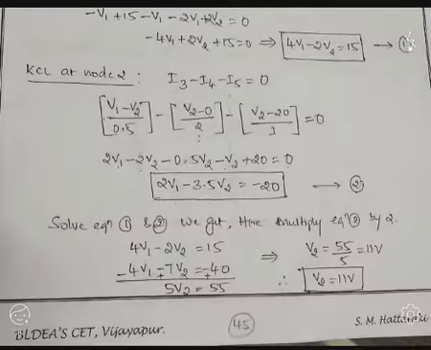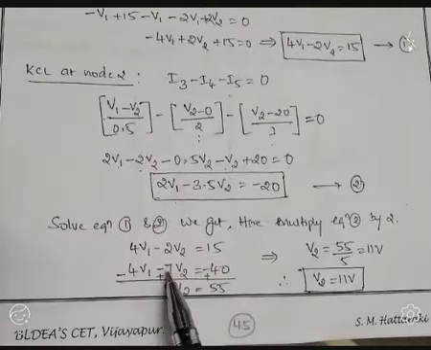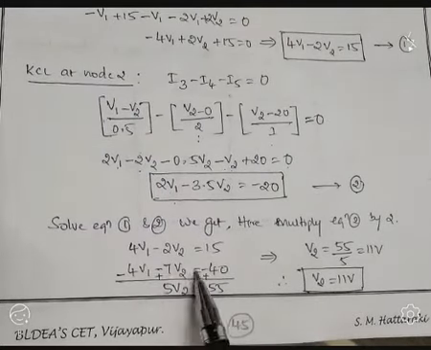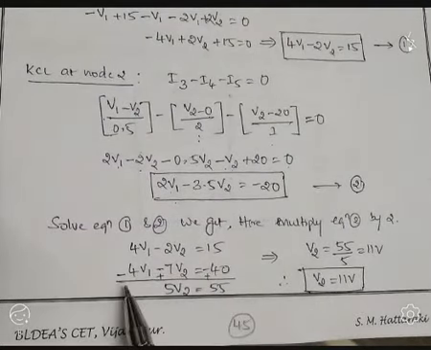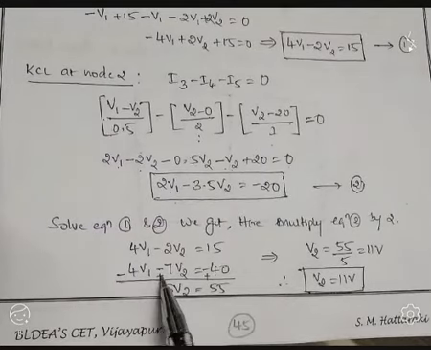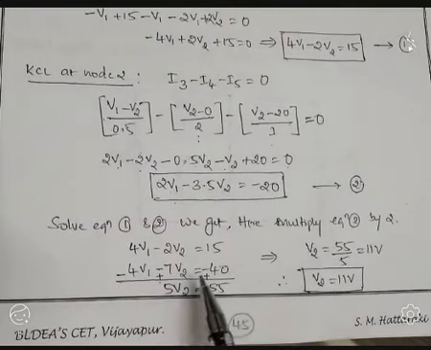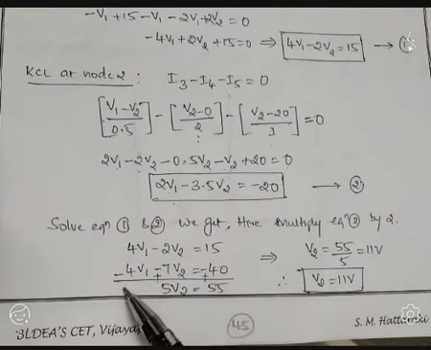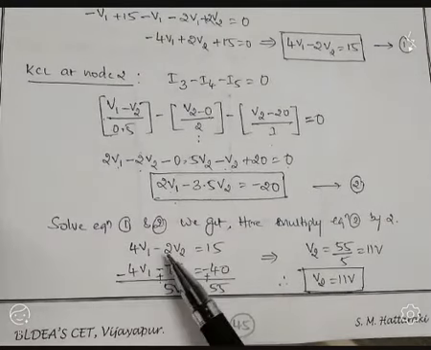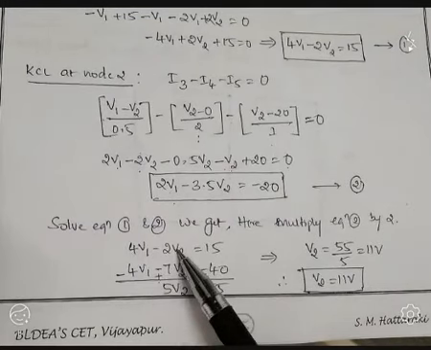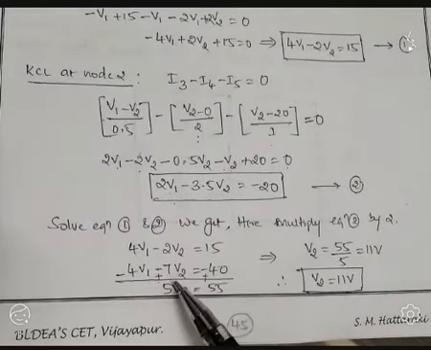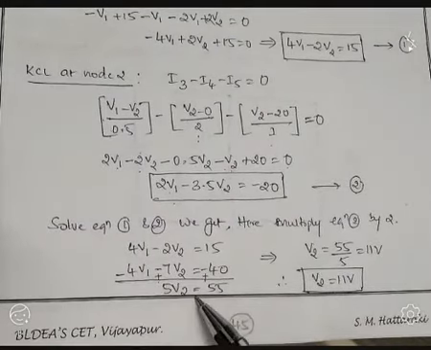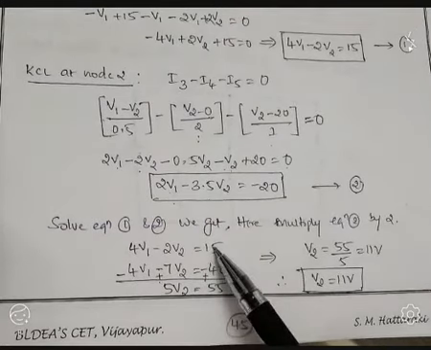First equation as it is, 4V1 minus 2V2 is equal to 15. After multiplying, we got 4V1 minus 7V2 is equal to minus 40. Subtract: minus into minus becomes plus. So 4V1 gets cancelled. Next, minus 2V2 plus 7V2 becomes plus 5V2, is equal to 15 plus 40, that is 55.